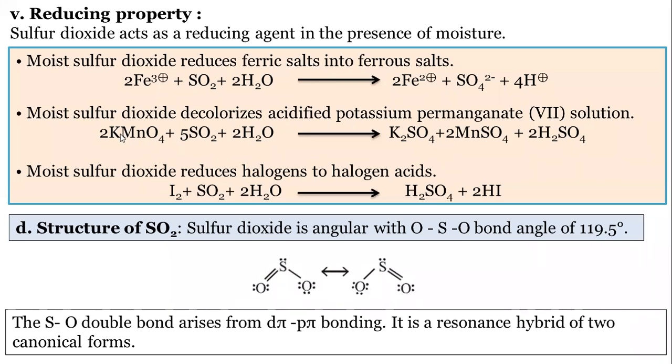The reaction is given here: twice KMnO4, potassium permanganate, oxidation state +7, plus 5 molecules of SO2 plus twice H2O gives K2SO4 plus twice MnSO4 plus twice H2SO4. These reactions we can balance at home because there is no method to remember them. The only method is to make a practice.